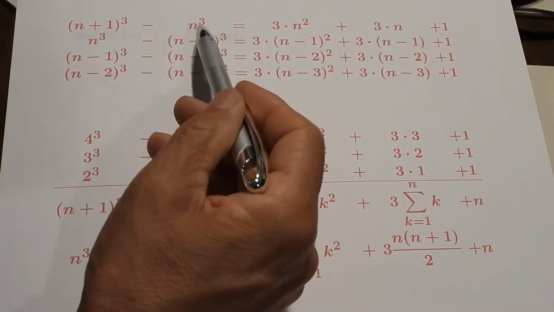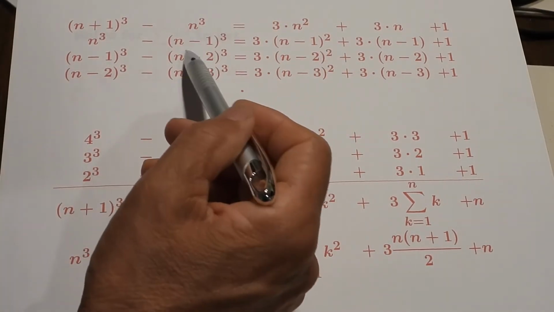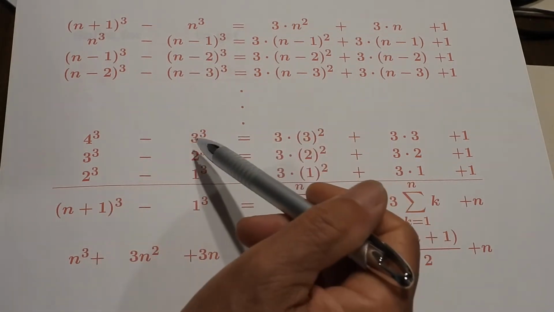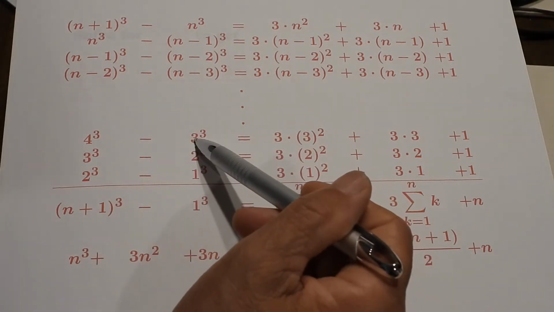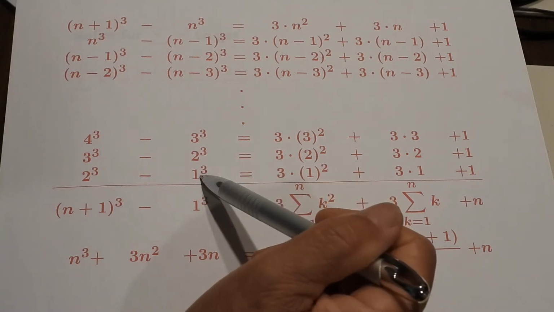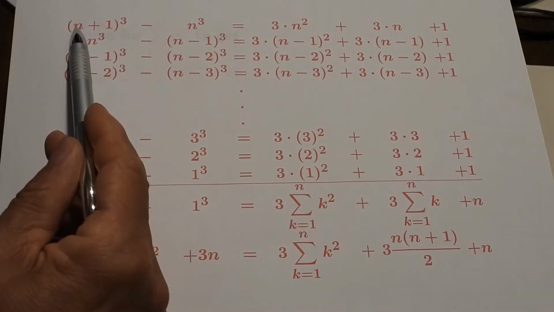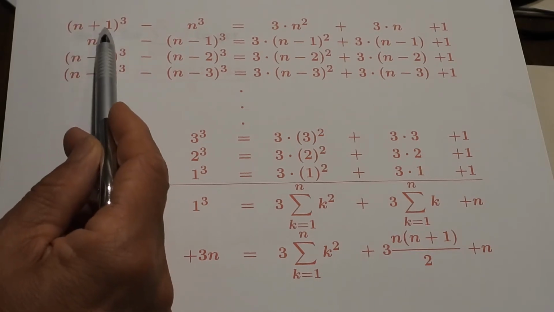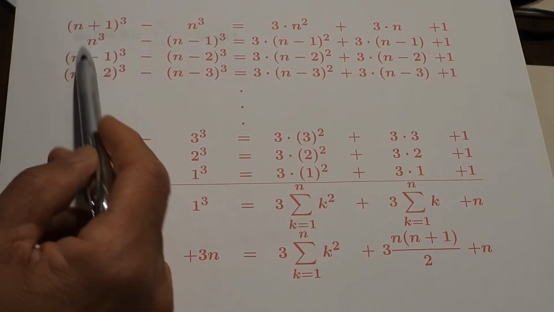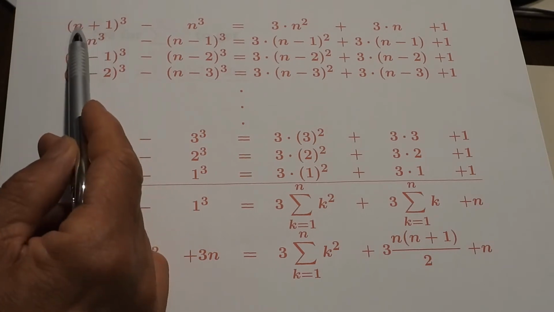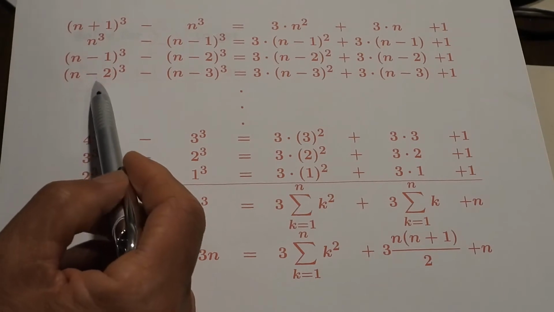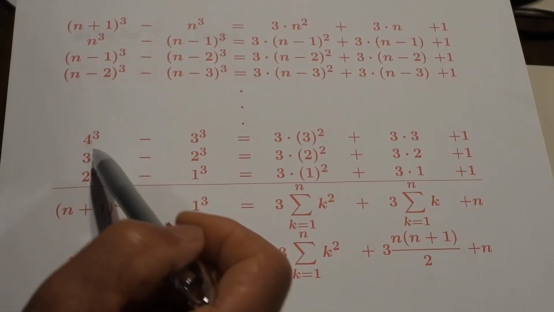You replace n by n minus 1. This one comes out (n minus 1) cubed, (n minus 2) cubed, all the way down to 3 cubed, 2 cubed, and 1 cubed. And here, if you replace n by n minus 1, then n minus 1 plus 1 will be n. And the next step, if you replace n by n minus 2, plus 1 will be n minus 1. So you can see the pattern all the way down to 1.